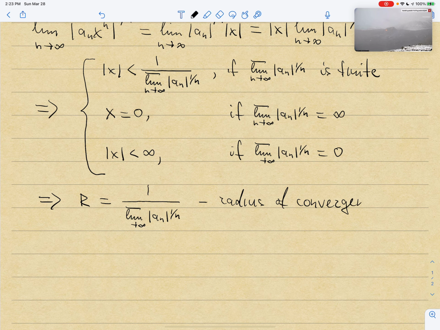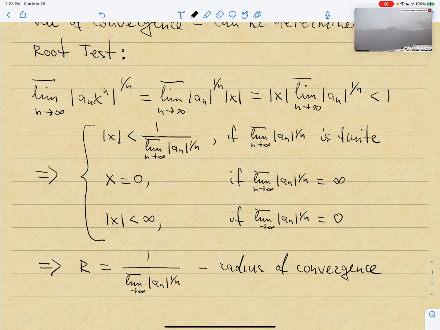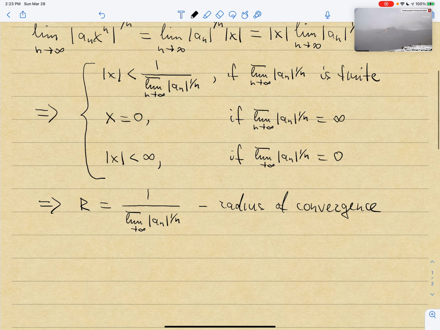Okay, so if this is the case, then we know what the interval of convergence of a given power series is.